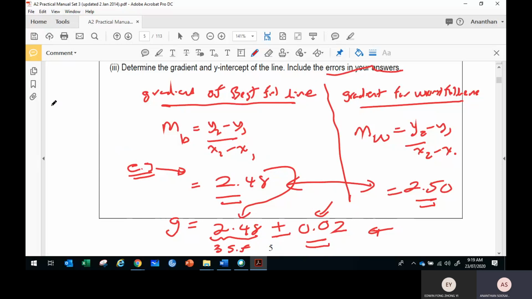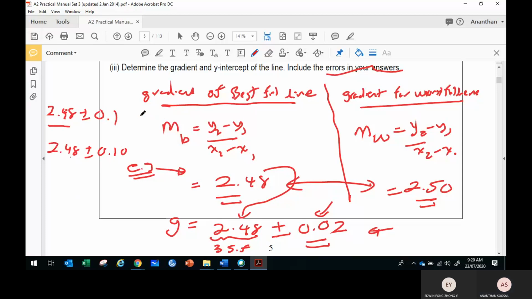Let's say, for example, the value you got is 2.48 and your error you calculated is 0.1. So what do you do? You still keep the value as 2.48. The error, you make the same decimal place, so 0.10, like that.